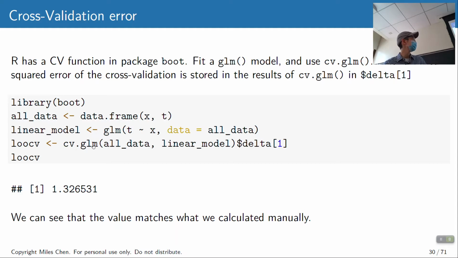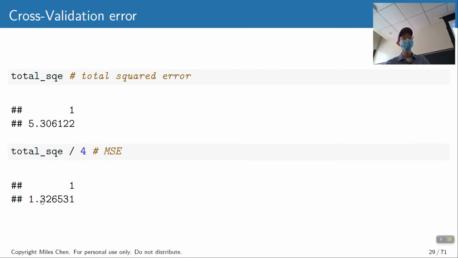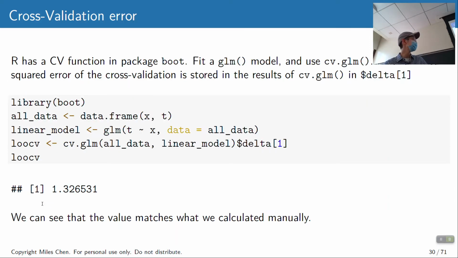By default, cv.glm will do leave one out cross-validation, and this returns a whole bunch of stuff, but the value contained in delta 1 will be your cross-validation error. So you get 1.3265, which is what we found when we did it manually. So if you go through the process, you get the number, and if you go through this, you get the same number.